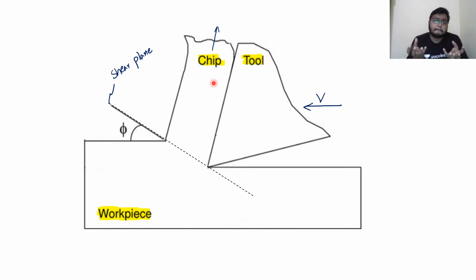Sir, the chip, I consider it as a separate identity, a separate body. Fine. The chip wants to come out of the workpiece because it is being cut. So the workpiece applies a reaction on the chip, saying don't leave me. Again I am telling you, when you are giving a cutting velocity V and the tool is moving, then the chip will get separated from the workpiece, but the workpiece will give a reaction force to the chip to avoid the breaking of the chip. Clear? So that reaction is this.